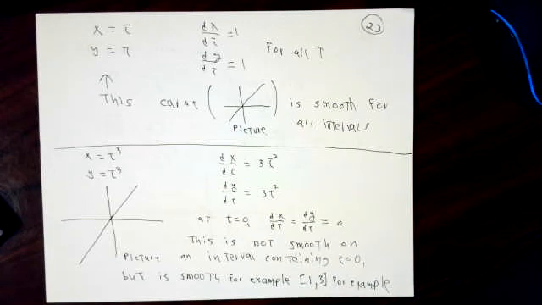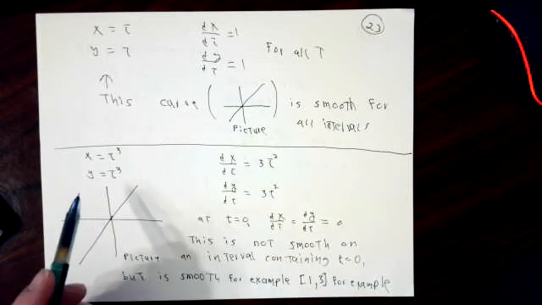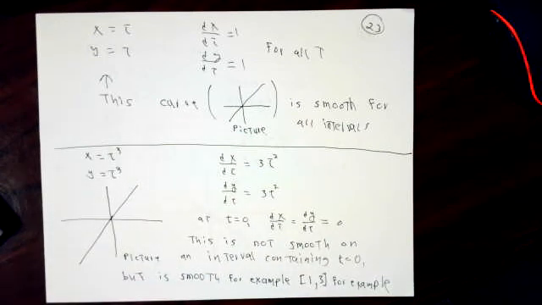On the other hand, curve 2, the derivatives are 3 times t squared for both the x and the y, and at t equals 0, both of those derivatives are 0. If I have an interval of t numbers and it contains t equals 0, this curve is not smooth on that interval of t numbers.